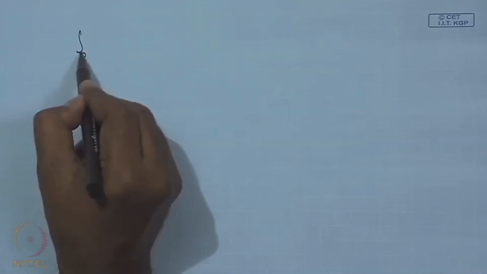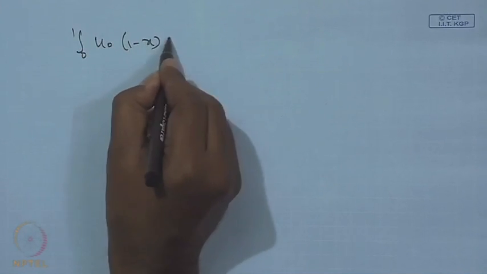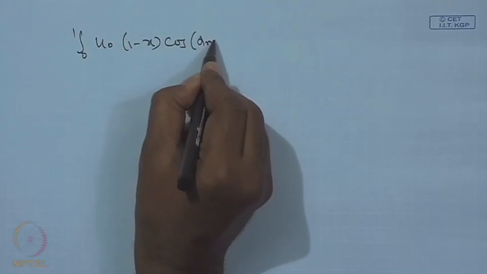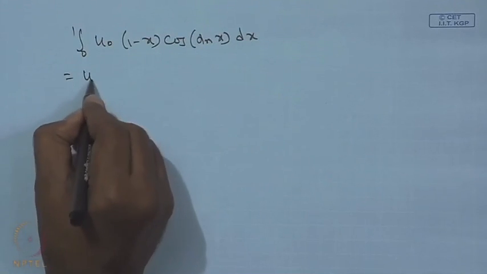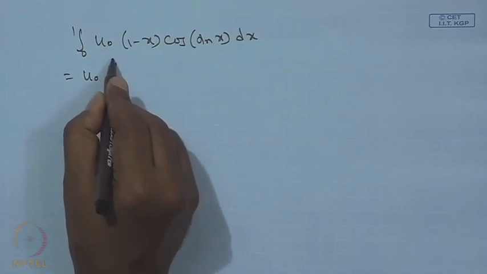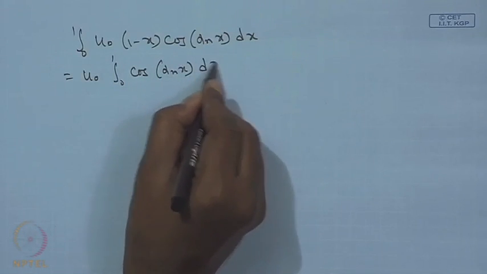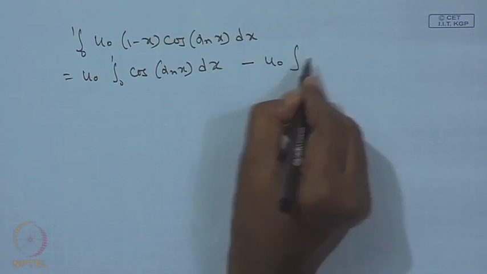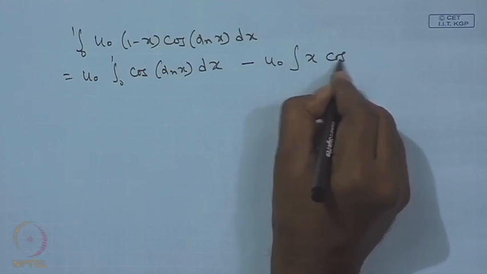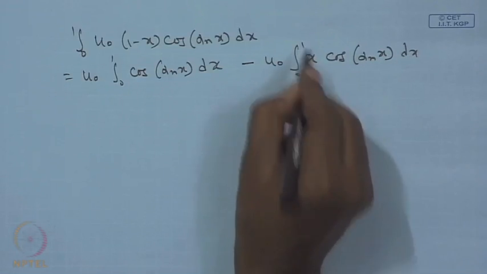If we evaluate the integral from 0 to 1 of u_0 (1 minus x) cosine alpha_n x dx, u_0 is constant, so it comes out. This will be the integral of cosine alpha_n x dx minus the integral of u_0 x cosine alpha_n x dx from 0 to 1.